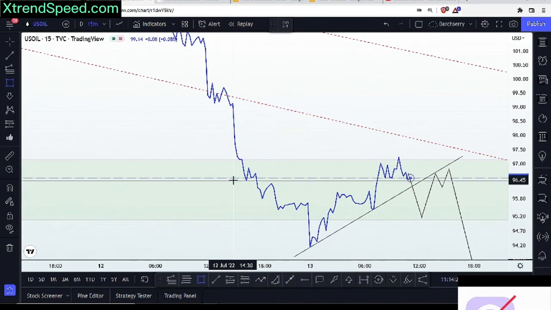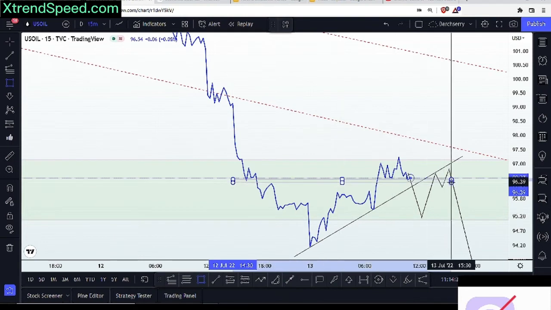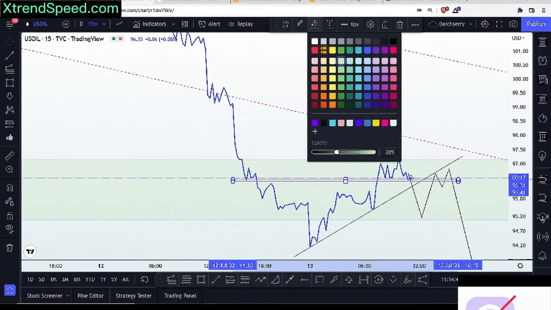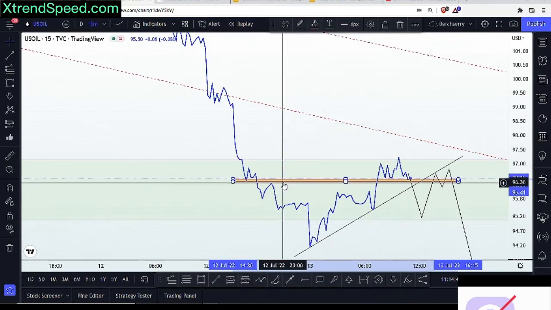We have around 96.5. Okay, $96.50 appears to be the most appropriate point here. So we have $96.50. And we would always give this a golden color to emphasize its importance.